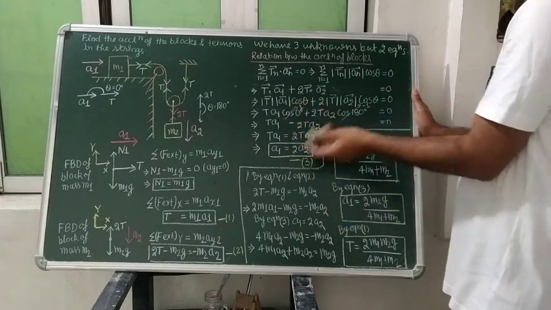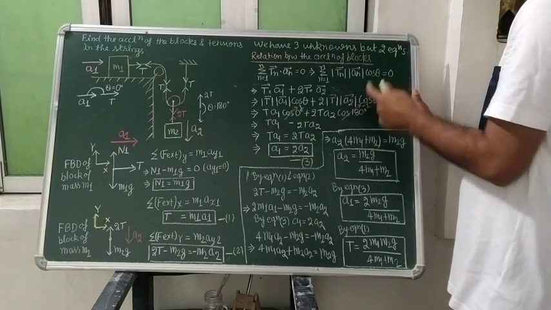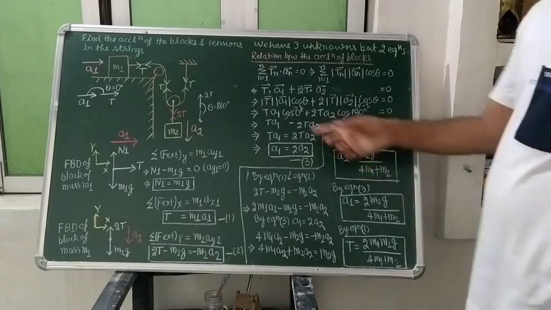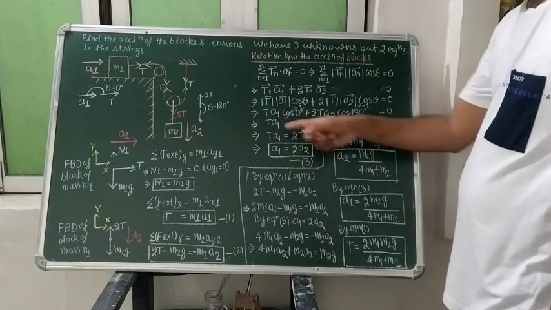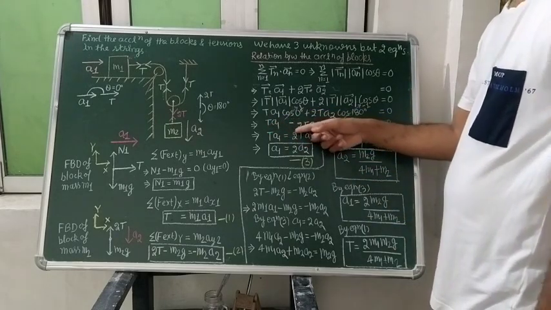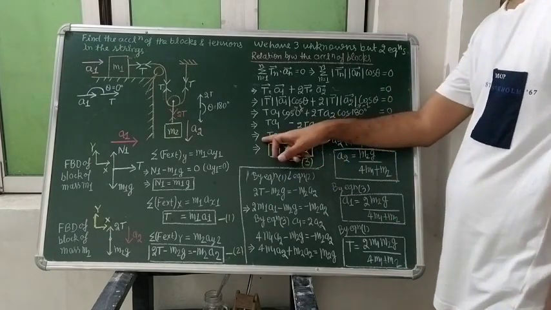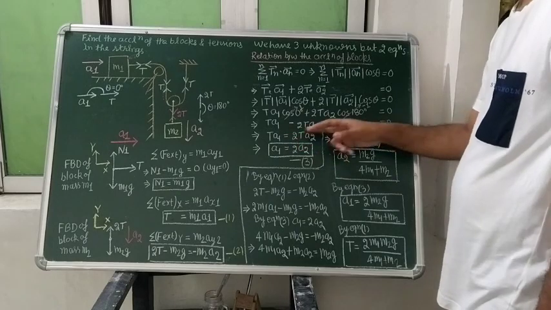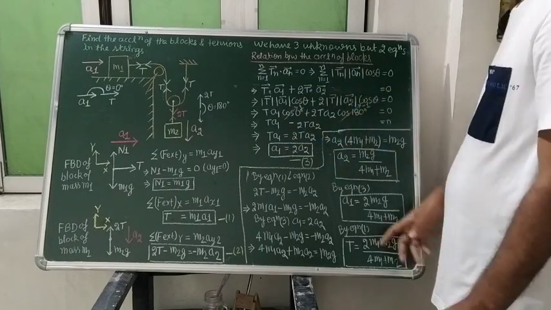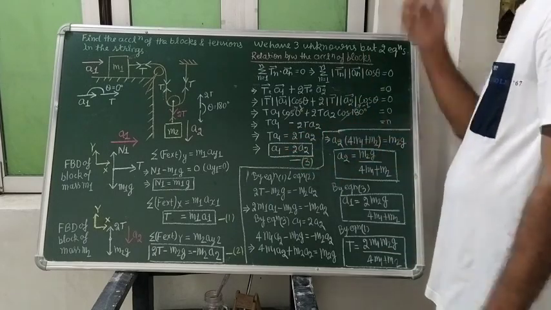Obviously cos 0 is 1 and cos 180 is minus 1, so that will give you T a1 minus 2 T a2 should be equal to 0. That you can write as T a1 is equal to 2 T a2, so T will get cancelled out, a1 will be equal to what, 2 a2.